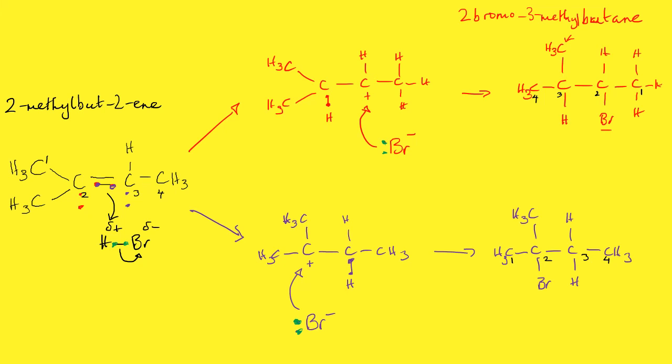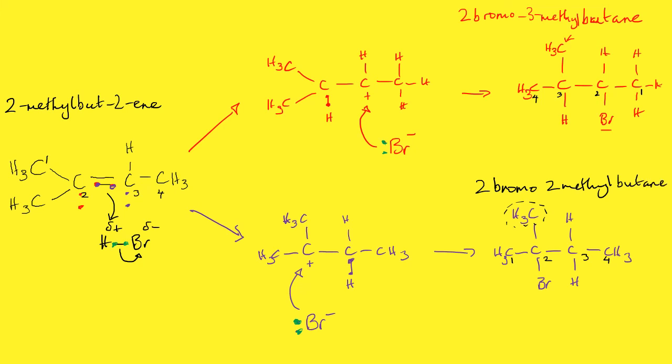Okay, so now because we number from the left, it's still 2-bromo, and our methyl group is on carbon number 3. No, it's not. Our methyl group, this one here, is also on carbon number 2. So it's 2-bromo-2-methylbutane. So it is a different molecule.